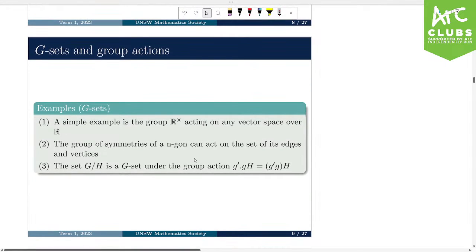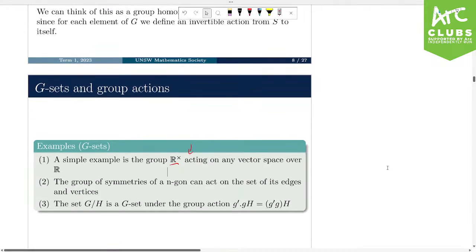Now for some examples of G sets. The first one is the group of invertible scalars in R. So this is just everything apart from 0, acting on any vector space over R. So we'll make this example a bit more concrete.